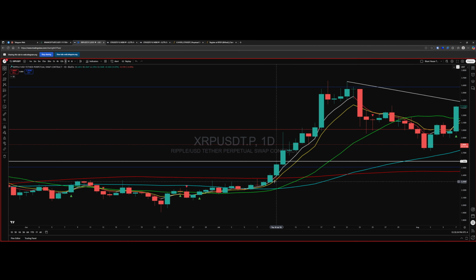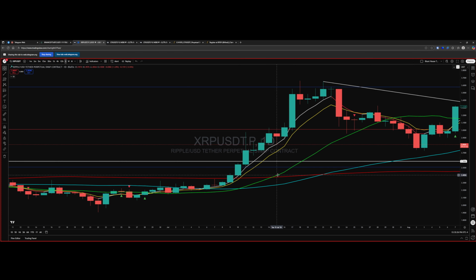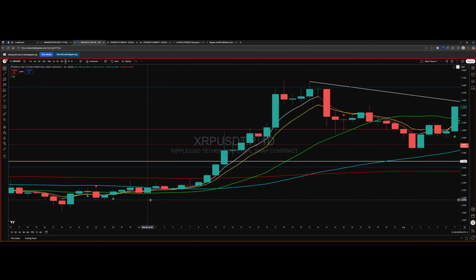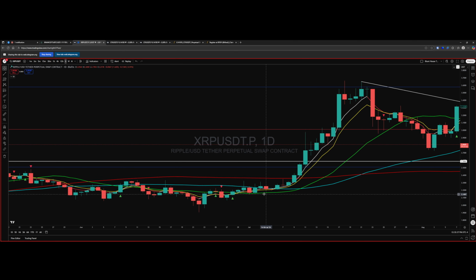So it's really going to bump the 200. Where is the 200? The 200 is red. The blue is the 50. The green is the 20. But you can see as the T line and the 5 EMA start to diverge and spread out, that's momentum.